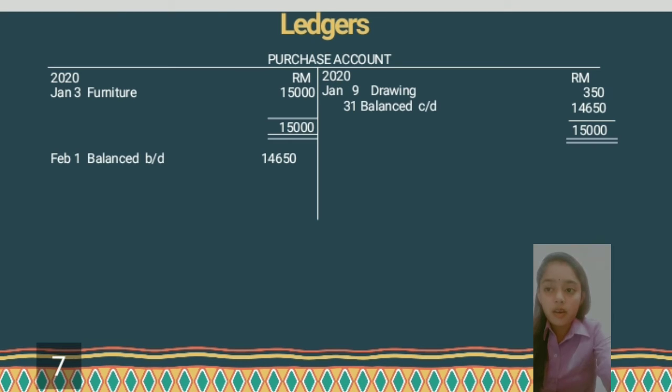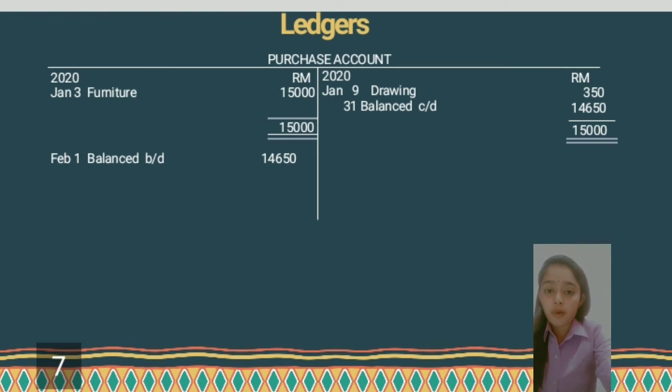The second account that we have to open for our ledger is purchase account. On 2020 January 3, furniture for RM 15,000 because the business purchased several sets of furniture from Sharikat TD, a furniture manufacturer. The total purchase was RM 15,000.